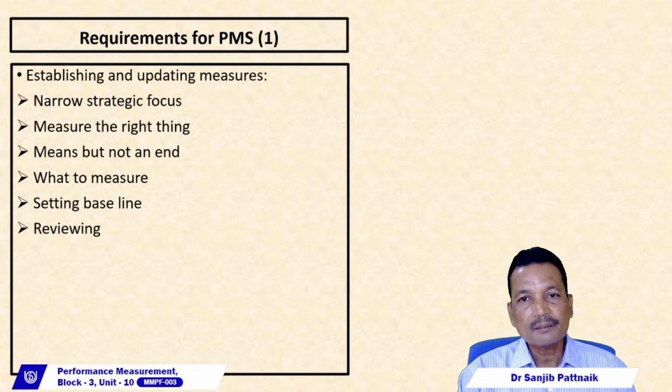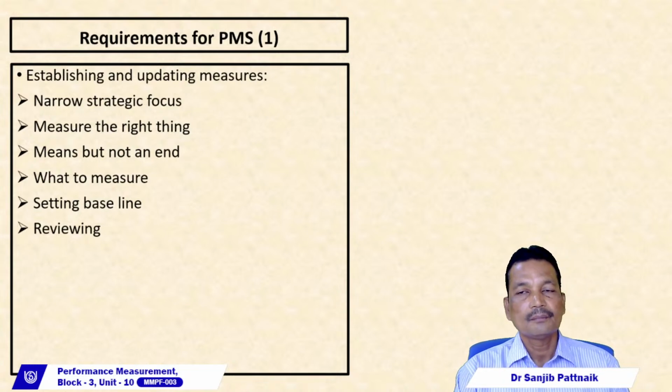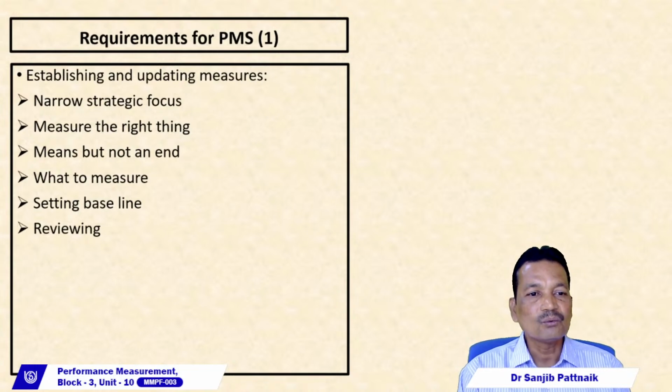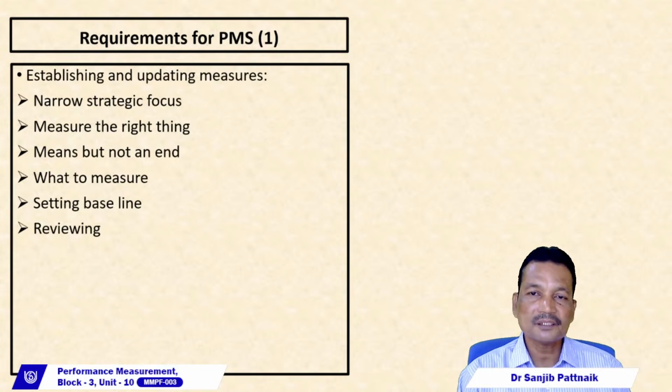Now, once we have taken up the activity for which we have to set up the measurement system, we set up a baseline. That means the standards. So the activity must achieve at least the set standards.